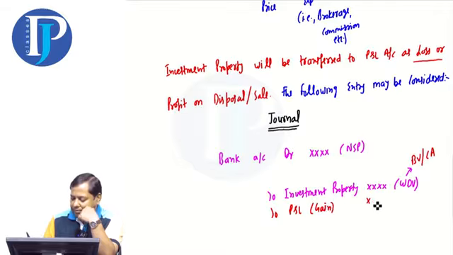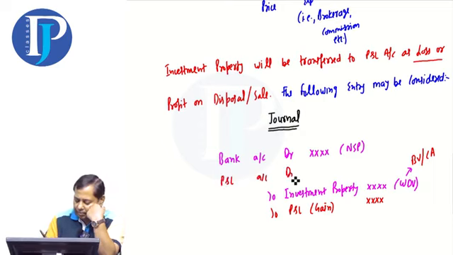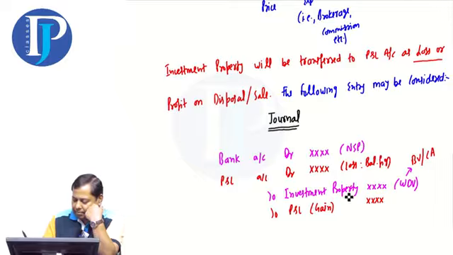Here it's a gain. Here we will debit the P&L. Here it's a loss. If it's a gain, it will be the balancing figure.